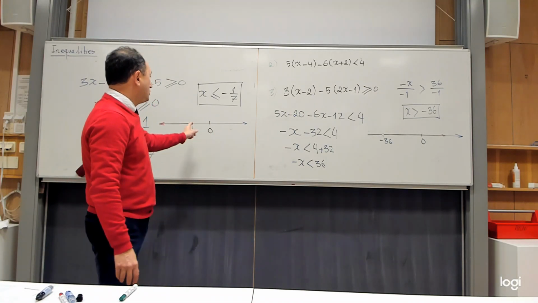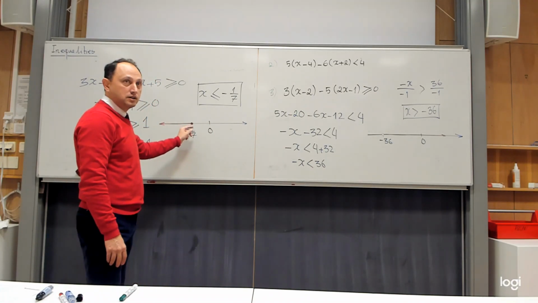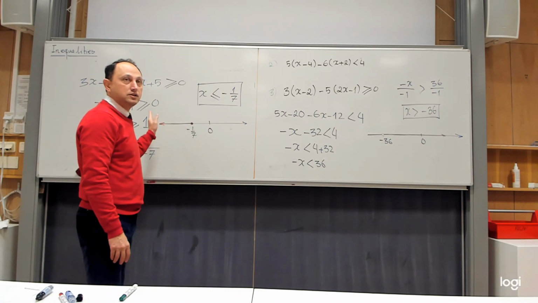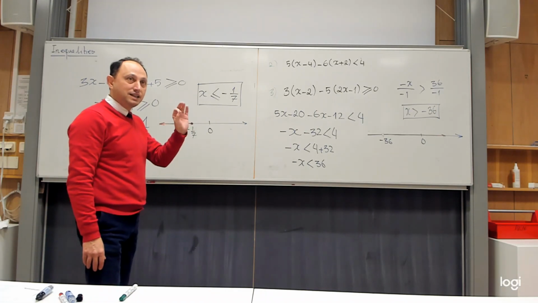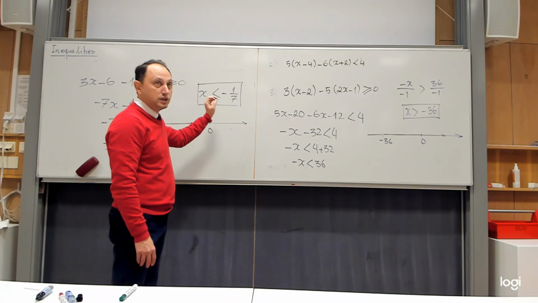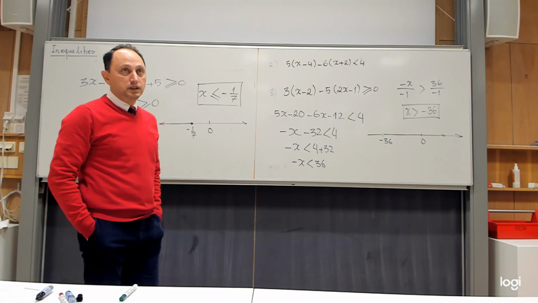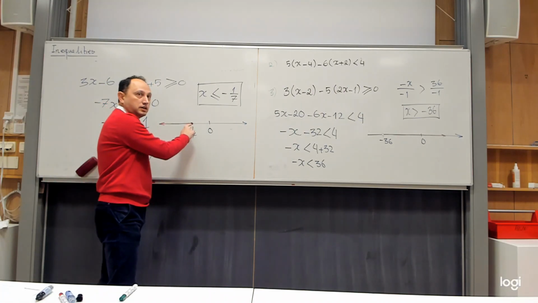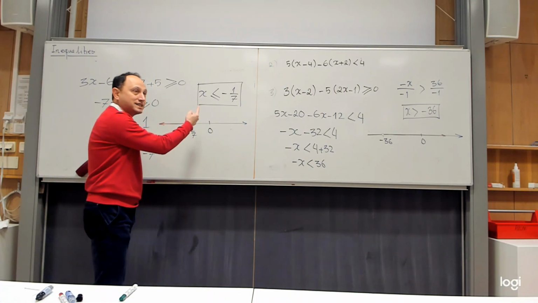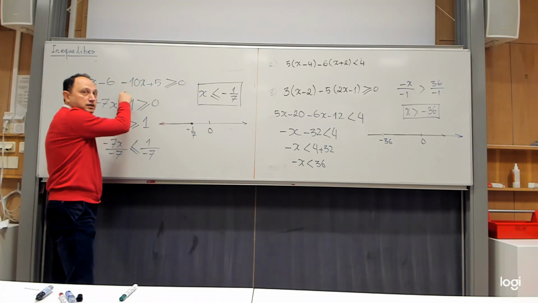So if you exclude this, of course those numbers are still true, but you are missing a solution which you have to include. Is that understandable? So if you draw a hollow circle here for the solution set of this equation, that is wrong.